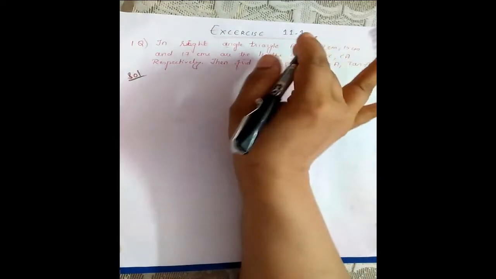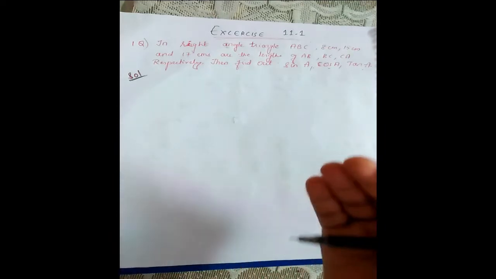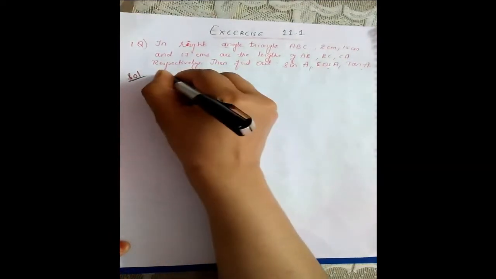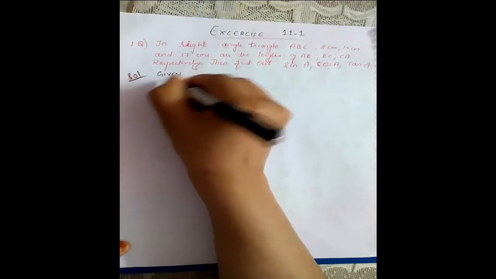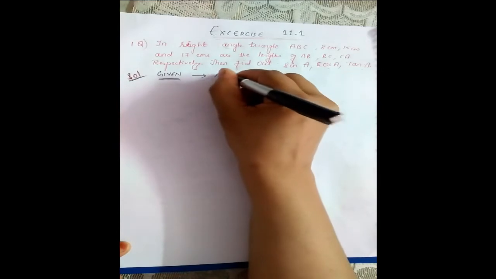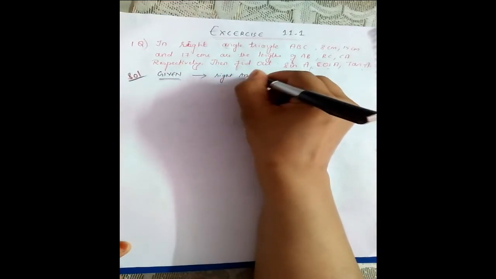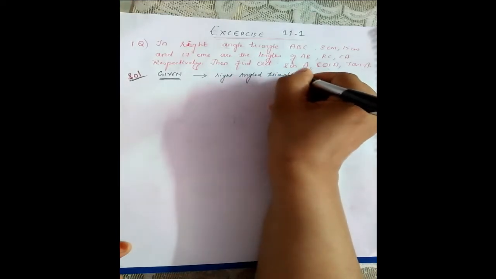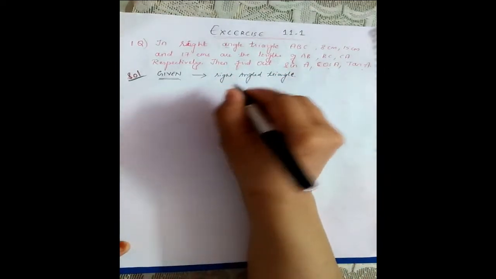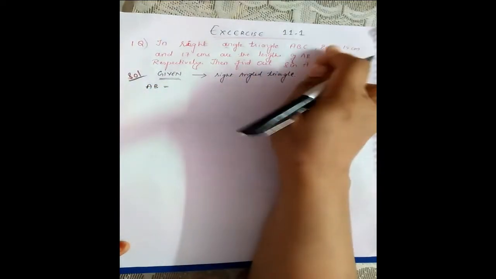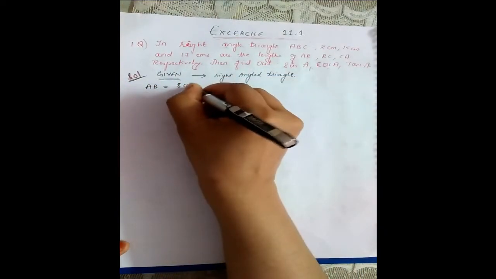Basically, whenever there's a problem, be it any topic in math, first you need to write the given aspects. Okay, now let's write the given aspects of this problem. The first thing given is a right angled triangle. Next thing given is that AB is equal to 8 centimeters.